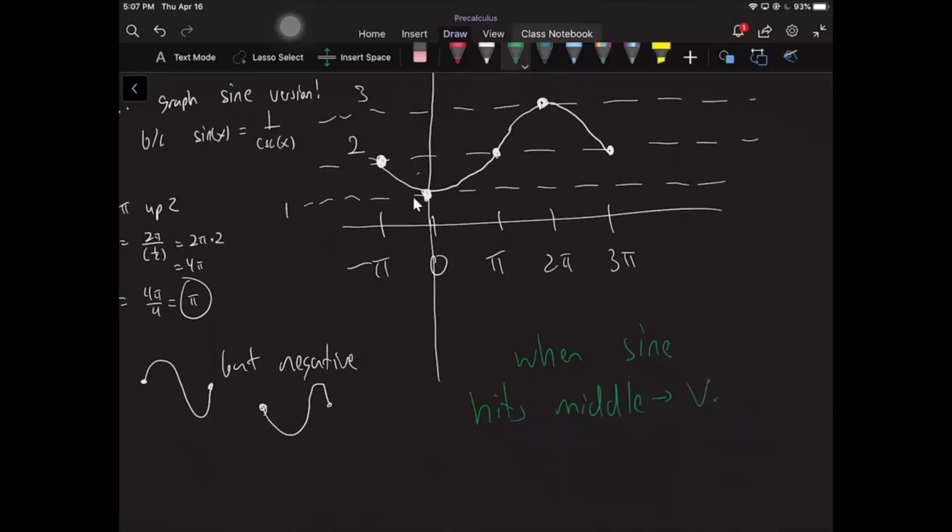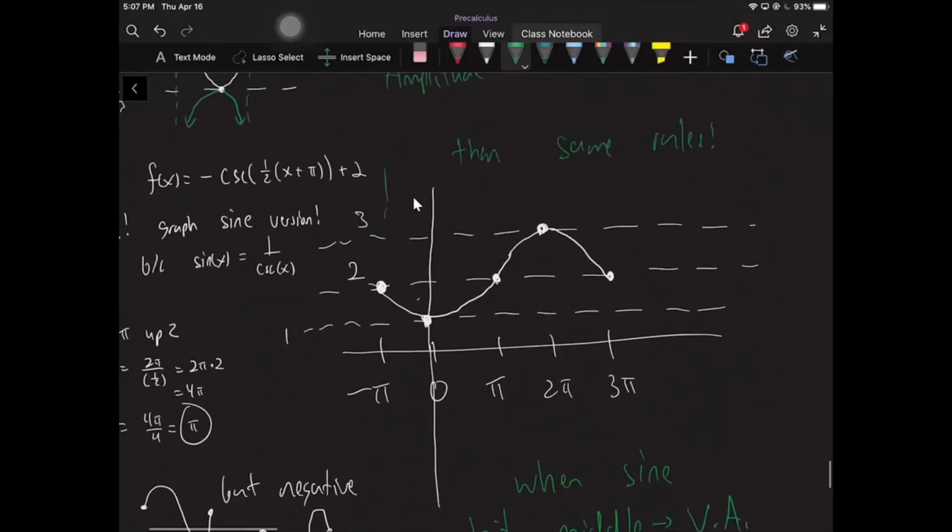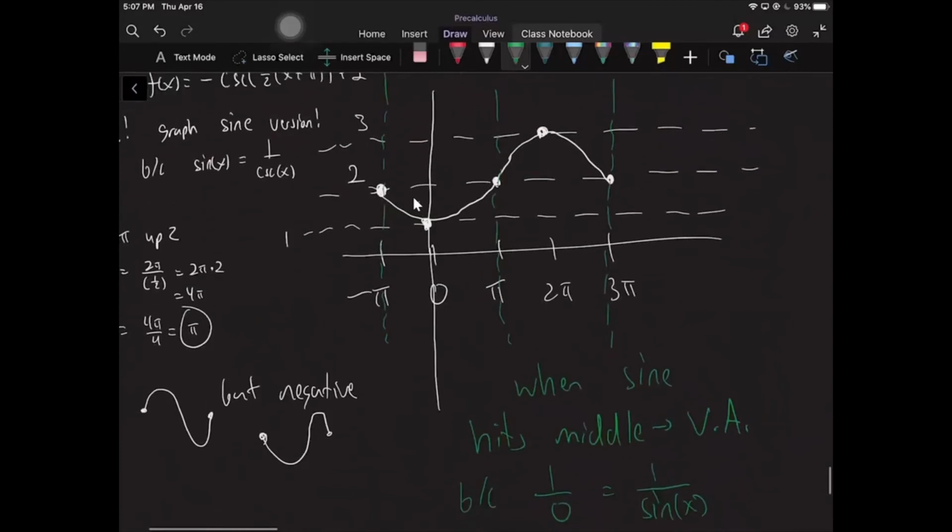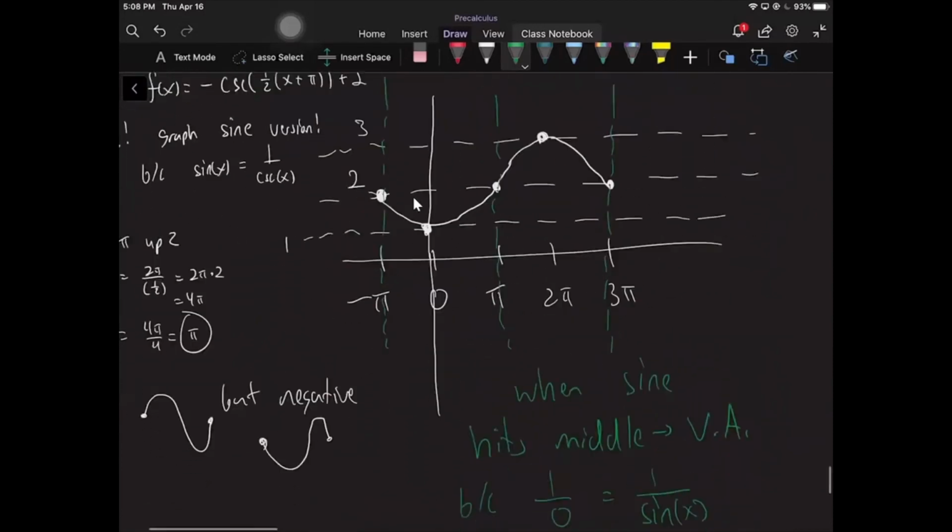So that means that there's going to be a vertical asymptote, because that's when you're going to have a 1 over sine of x being 0. So you're going to have vertical asymptotes, 3 of them in this period. So 1, 2, 3. And then it's still going to connect at the top and the bottom.